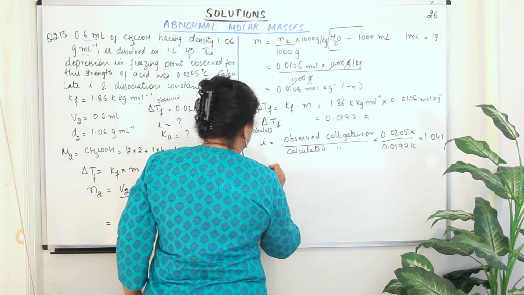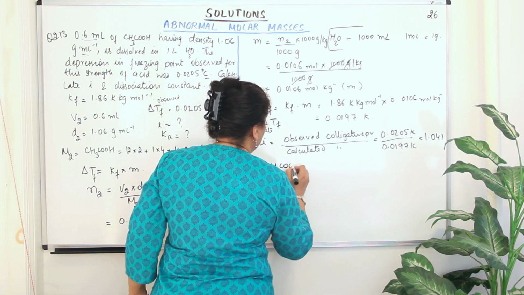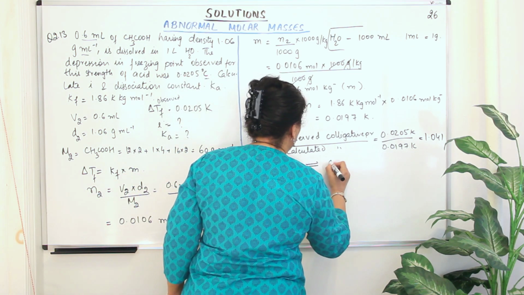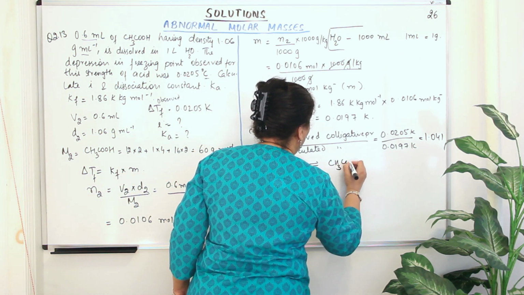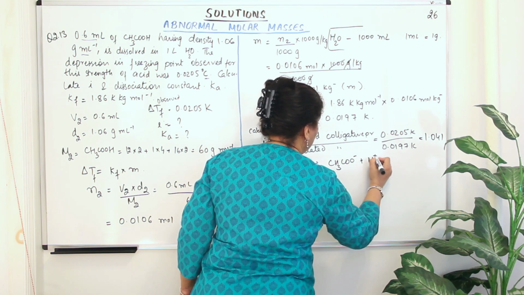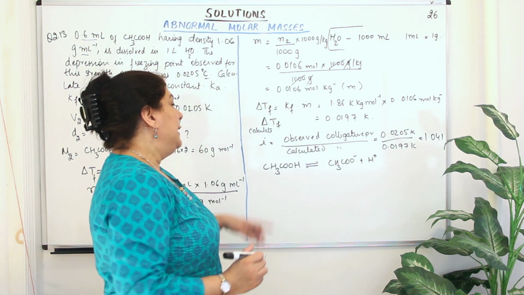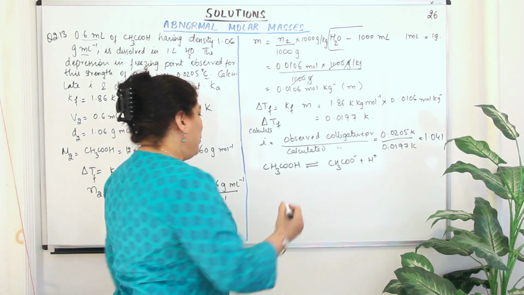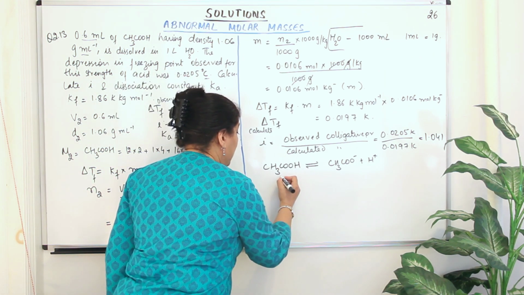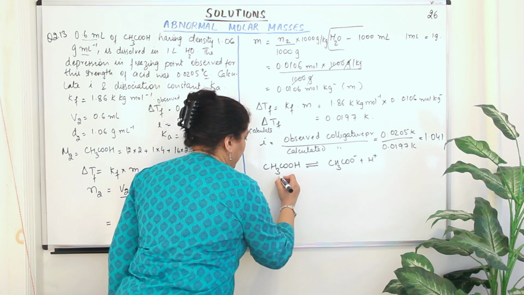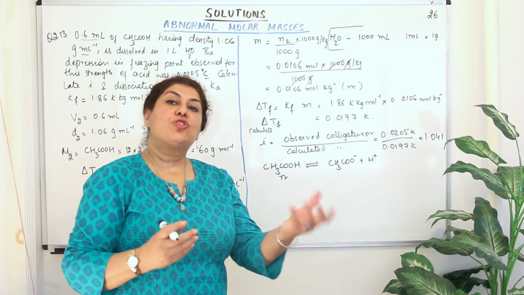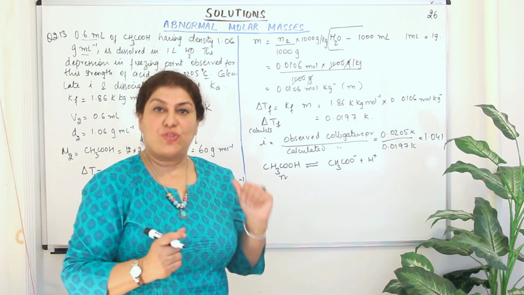The acetic acid, that is CH3COOH, is a weak acid. It dissociates in solution to give you CH3COO negative plus H positive. Now, let us assume that x amount of this dissociates. If we begin with n number of moles, let us say that x amount dissociated, or x was the degree of dissociation.